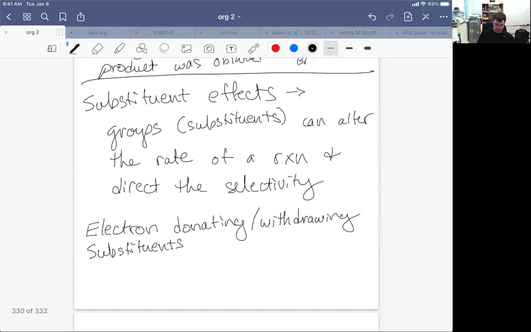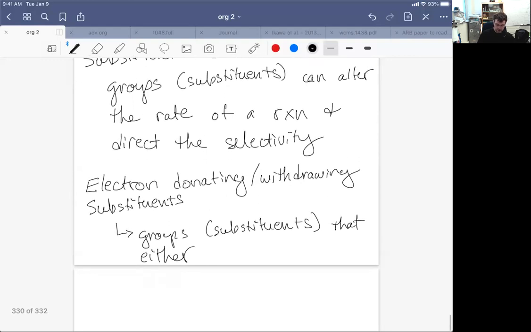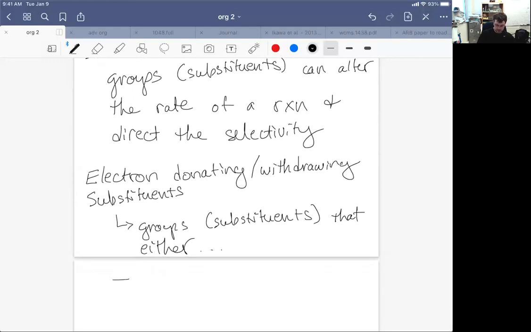These are groups, i.e. substituents, that either donate electron density, or sort of electron clouds. Just donate electron density / negative charge to the reaction center.